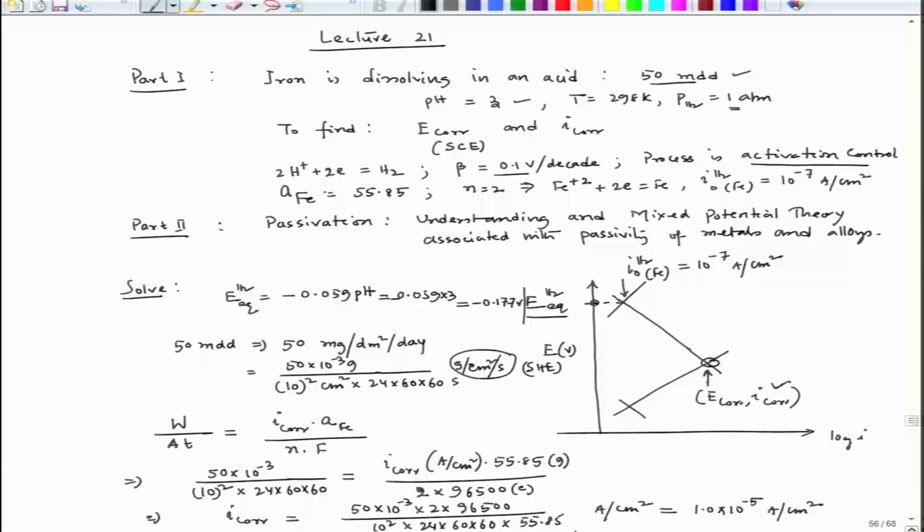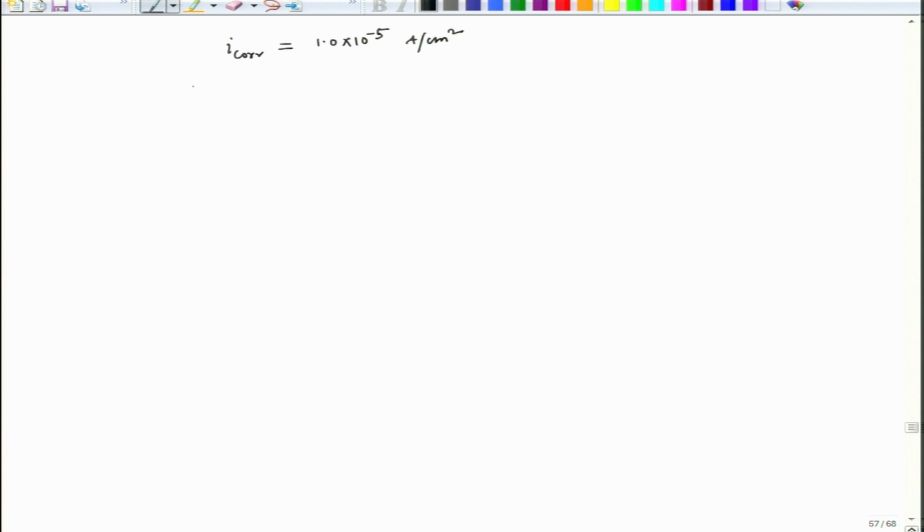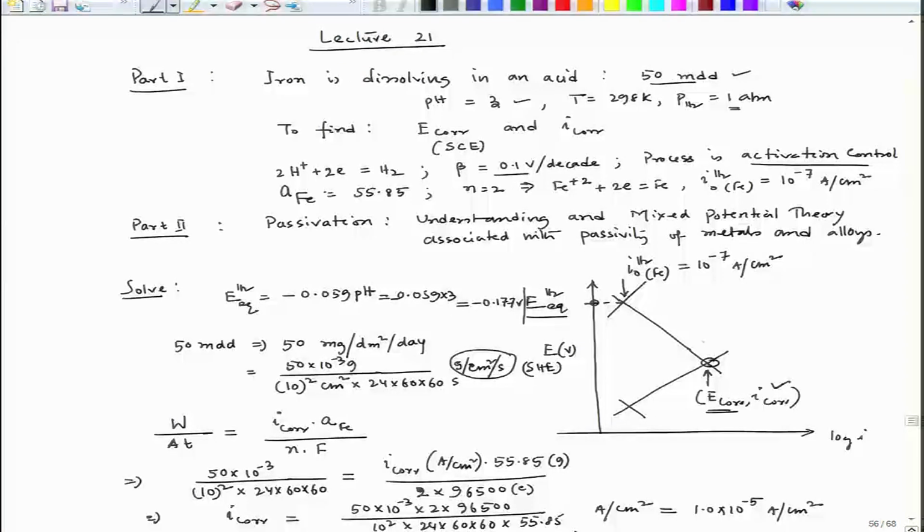Now we have to find out this quantity. In order to find it, we have to use cathodic over voltage, which is minus 0.1 log of I core by I0 for hydrogen over iron surface, since at this point IC equal to IA equal to I core, and this point is also known.